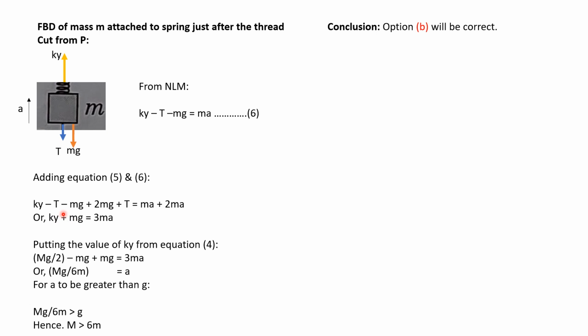So ky minus T minus mg plus 2mg plus T is equal to ma plus 2ma, right? So T and T will cancel out, right? And this expression will become k into y plus small m into g is equal to 3ma. Okay.